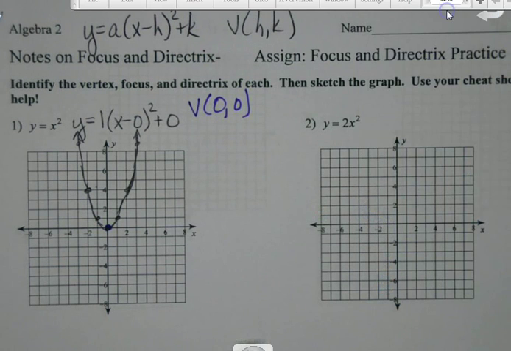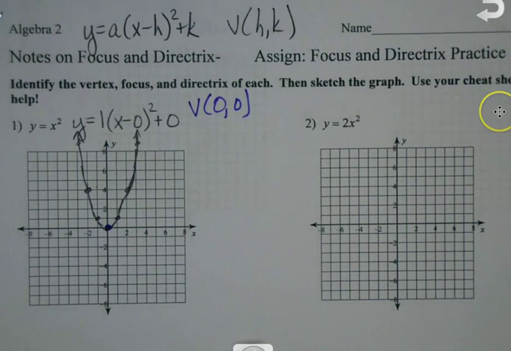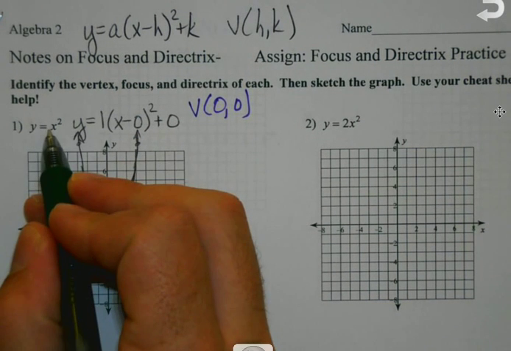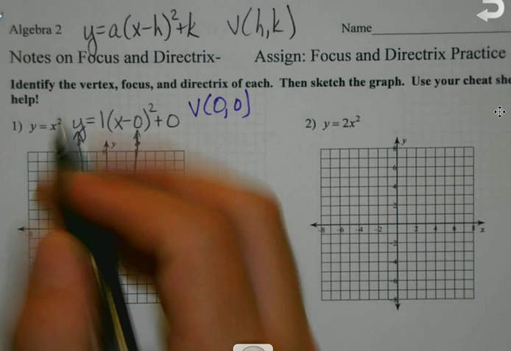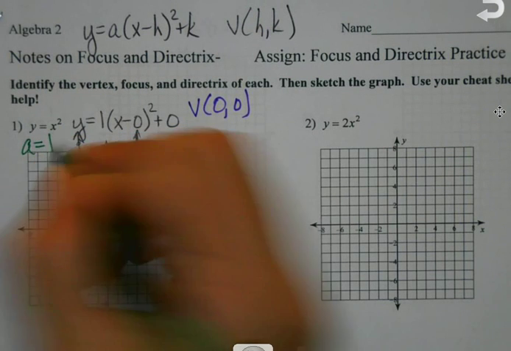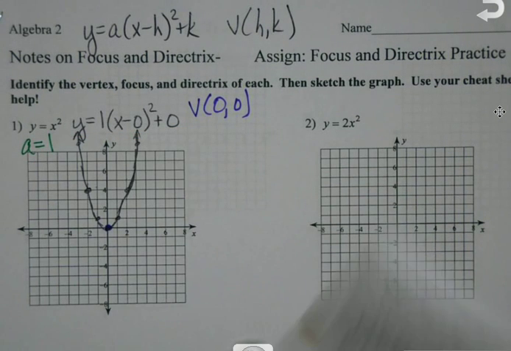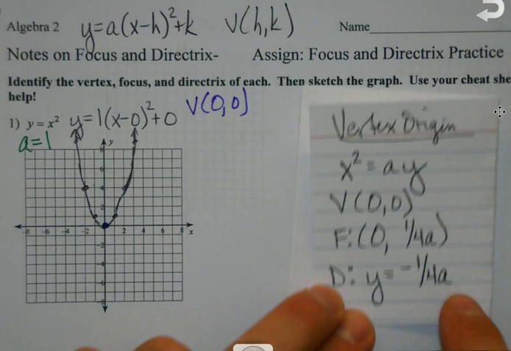So now I need to figure out this focus and directrix thing. But to have that, I need to know what my a value is. What's my a value for this one? Okay, 1, because there's no number in front of my x squared. So my vertex is at the origin.